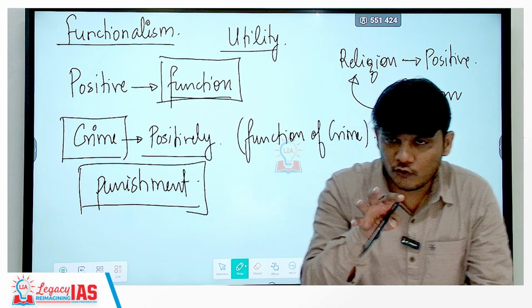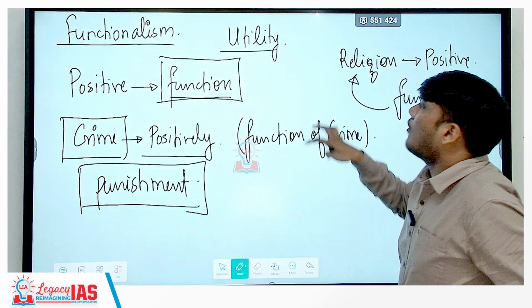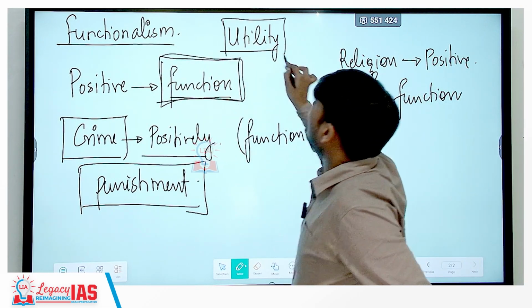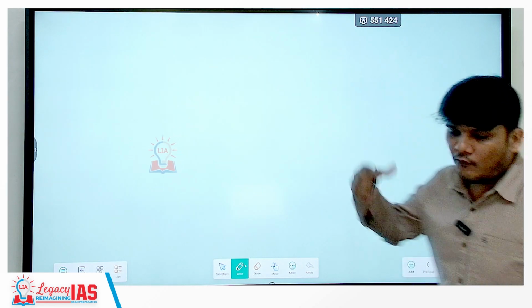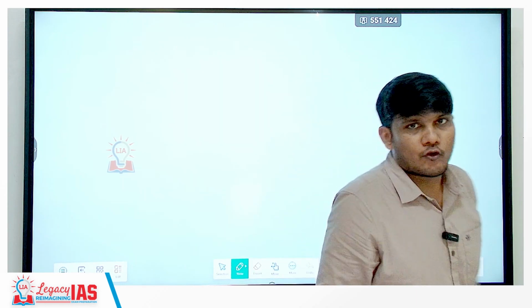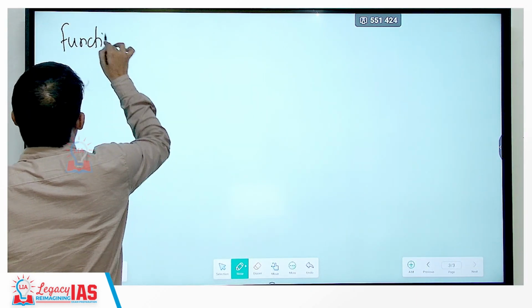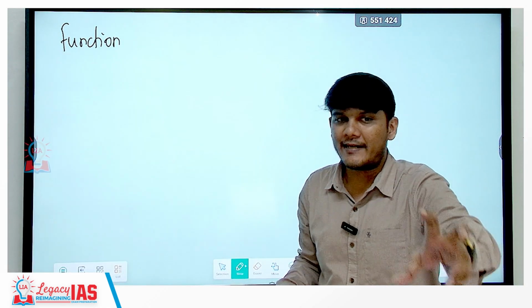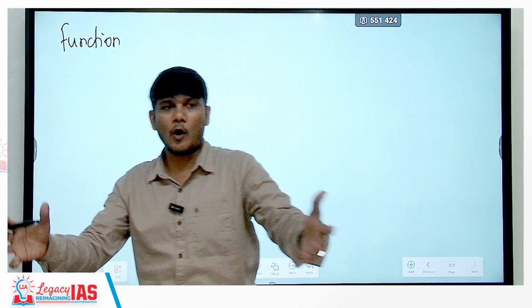For a society to function smoothly, each and everything would have some function or utility. So that is the layman understanding of functionalism. Let's now go down to the technicality of it. So functionalism: I said they would look at the function of anything in order to maintain the society's system in proper order.